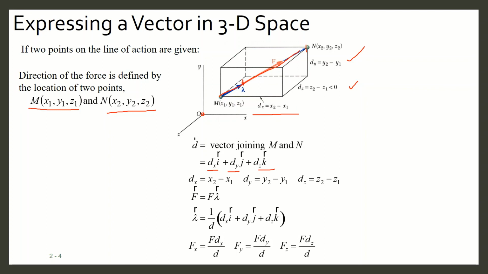And we can also express it in the form of lambda. So F will be equal to F into lambda, in the same way as we have seen in the previous slide. That is, you can express any vector F by its magnitude multiplied by a unit vector in the same direction. So we have done the same thing here.